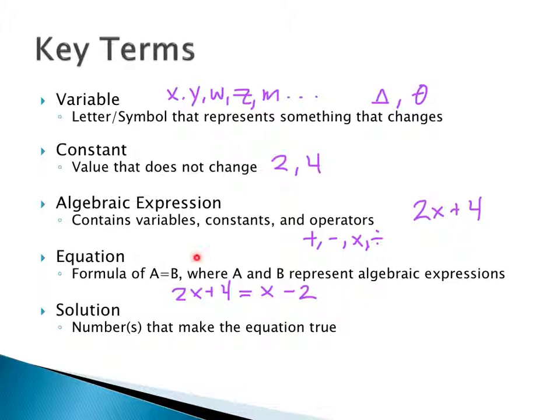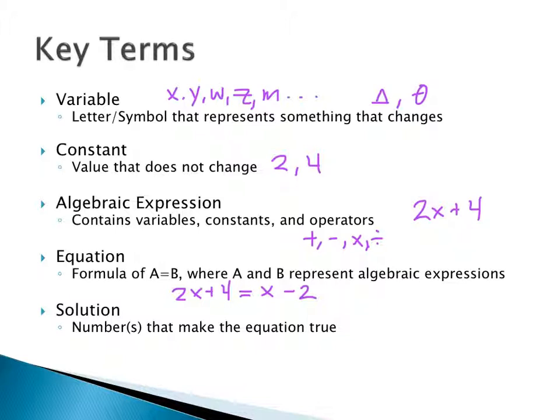With the variable x in there, x is going to represent some number that usually satisfies this equation, and that's where we get into the last key term, which is a solution. A solution is a number or multiple numbers that make the equation true.